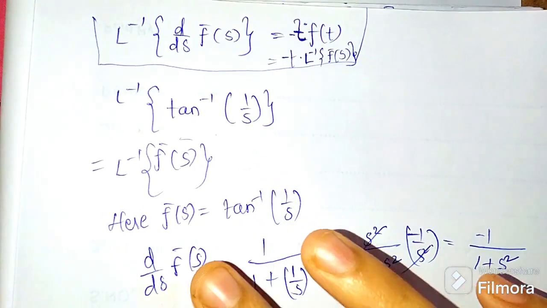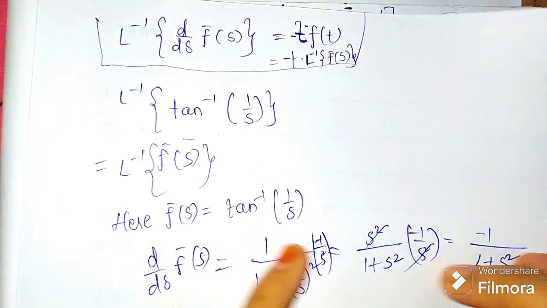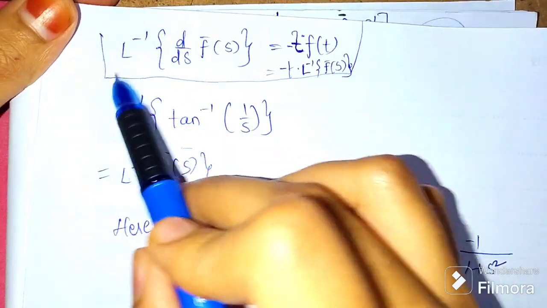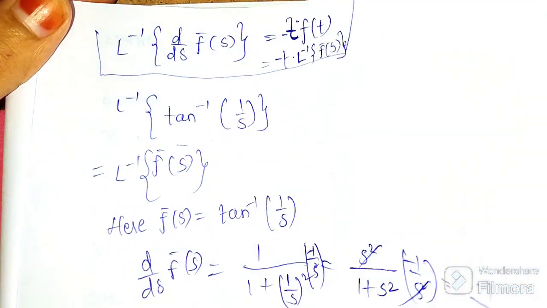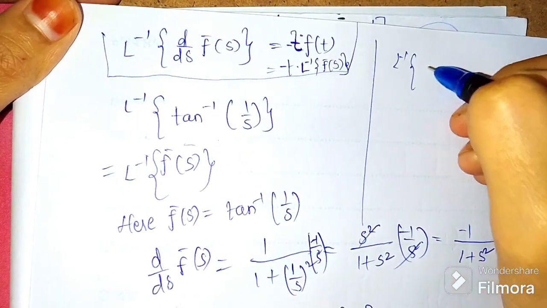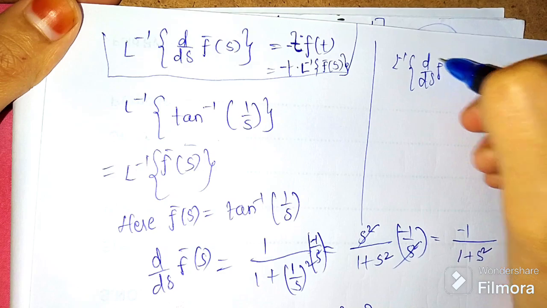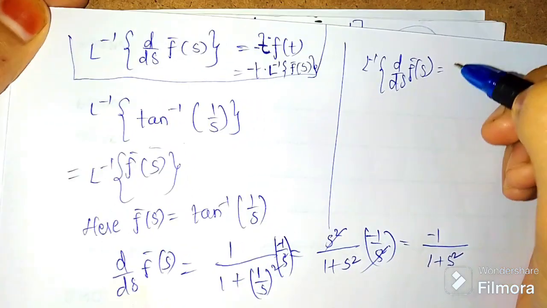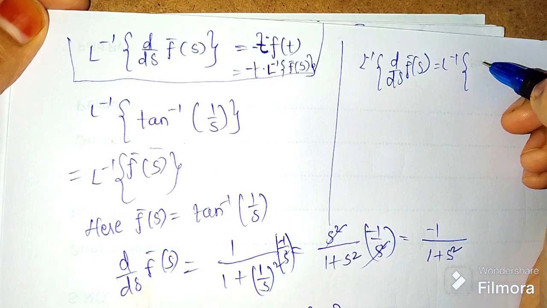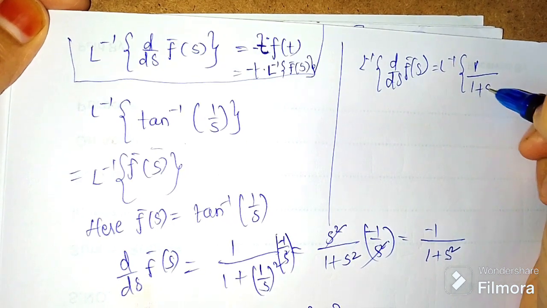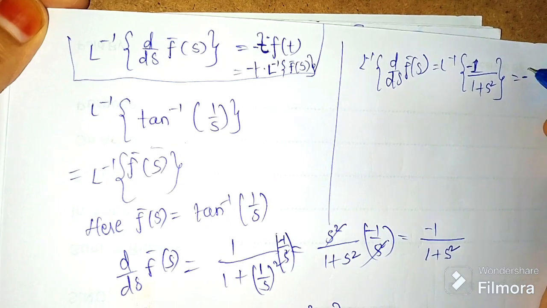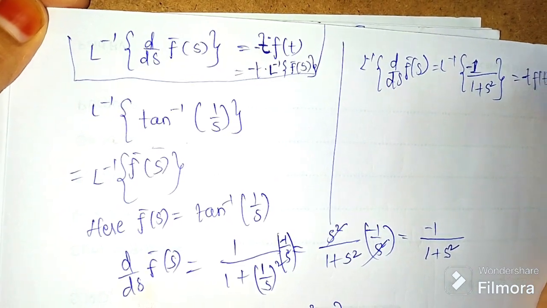So now this is the derivative of f bar of s. If I apply Laplace inverse, we have to apply Laplace inverse, no? So let's write here Laplace inverse of derivative of f bar of s, which is Laplace inverse of minus 1 by 1 plus s square. This will be equal to minus t f of t.